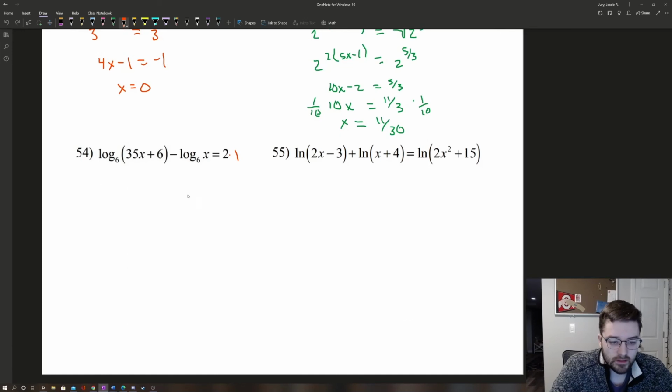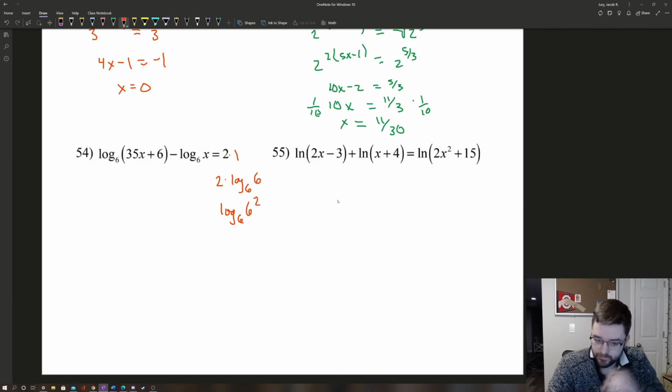So I'm going to change this to 2 times log base 6 of 6. And that means what I actually have in my argument here is log base 6 of 6 squared.